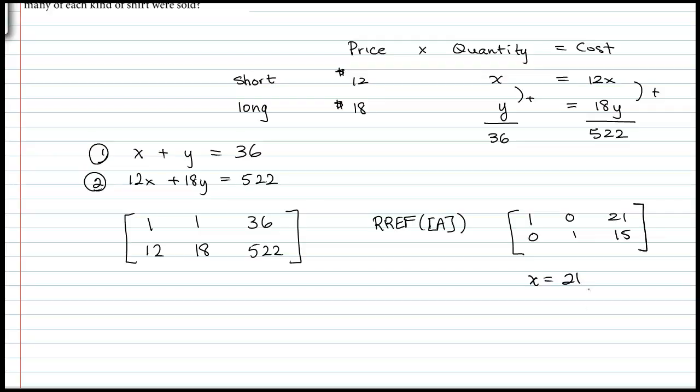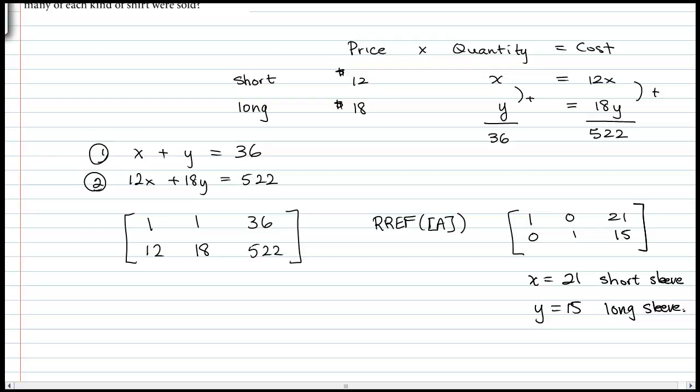That means that X is equal to 21 and Y is equal to 15. So there's 21 short sleeves and there's 15 long sleeve t-shirts.